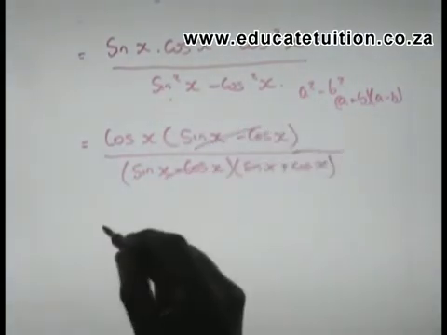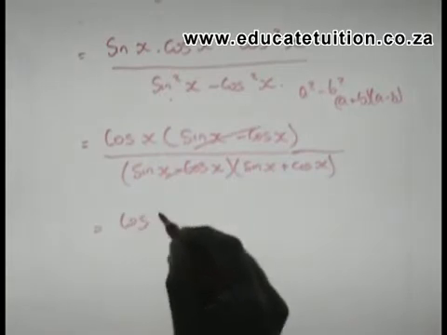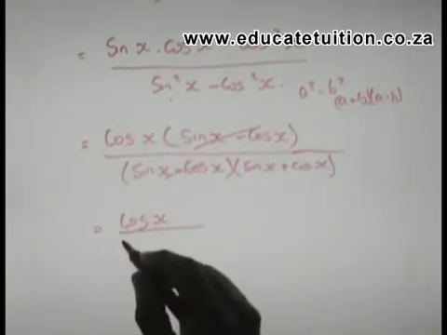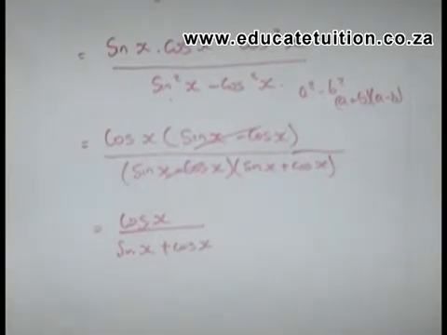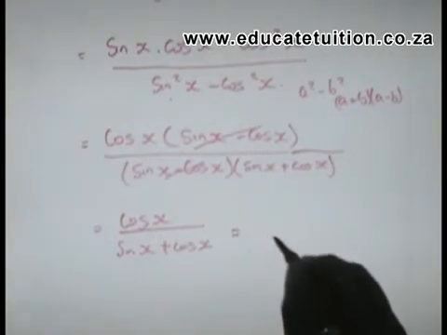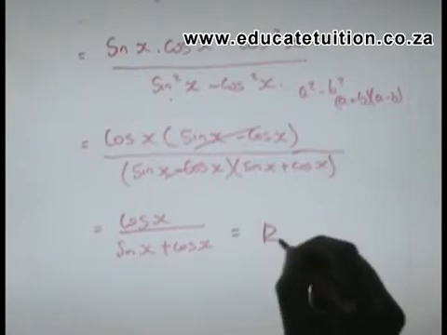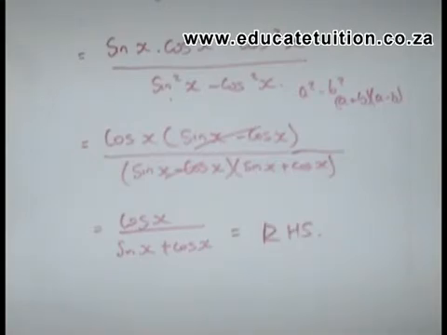This and this cancel to leave us with an answer of cos x over sine x plus cos x, which is equal to my right hand side.